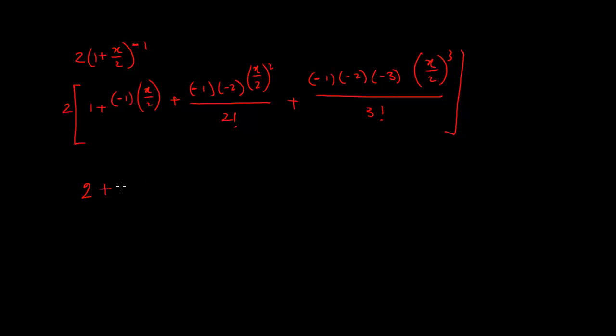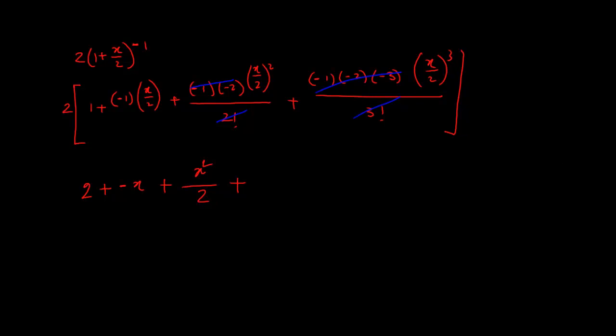What you get left with is negative x, plus these two cancel, which gives x squared over 2, plus these two will cancel, which gives an 8 for the denominator, times by 2 and divided by 2 will give you a 4.